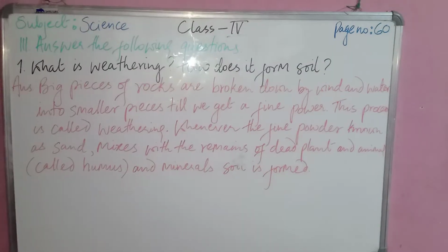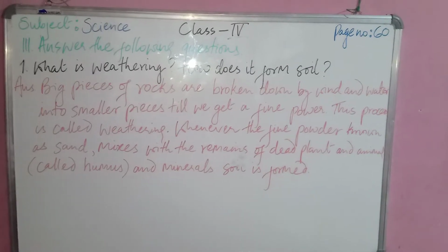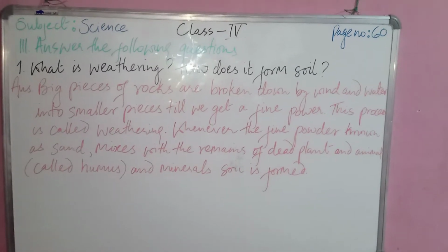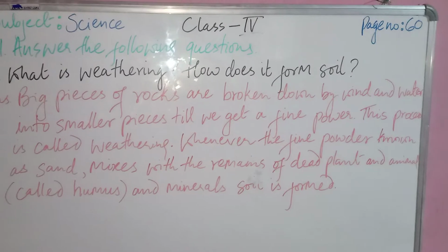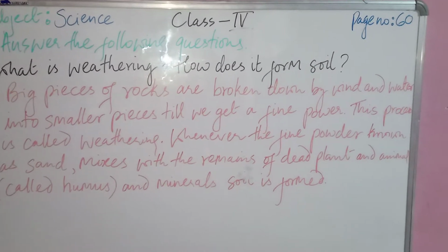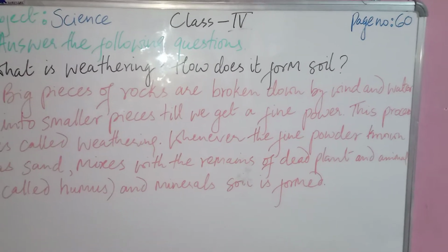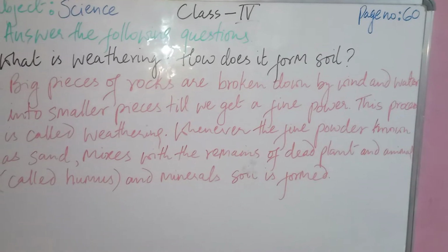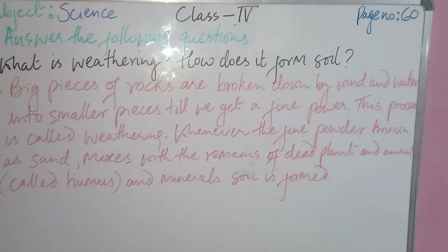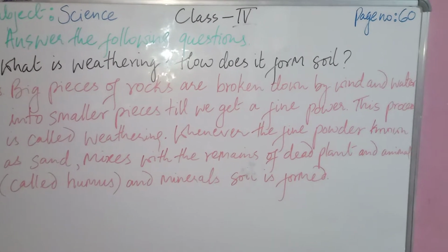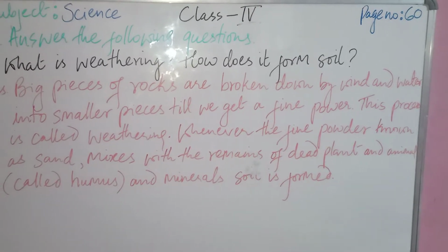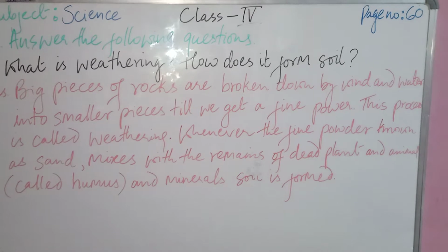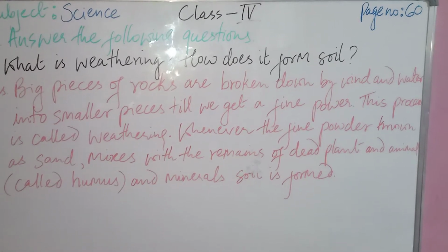Moving on. So let's begin with the question and answer sessions. So the first question we have here is, what is weathering? How does it form soil? So you have to write, big pieces of rocks are broken down by wind and water into smaller pieces till we get a fine powder, full stop.